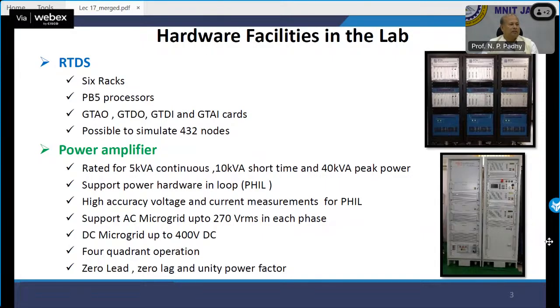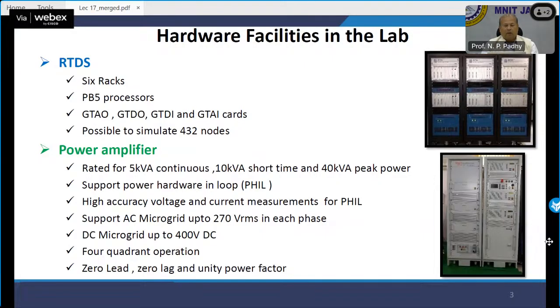But this is not enough, it is very small. It cannot even simulate a true MNIT campus distribution system, because if I take everything as a node, you will have thousands of nodes. So these are master nodes; one substation will be like one node.